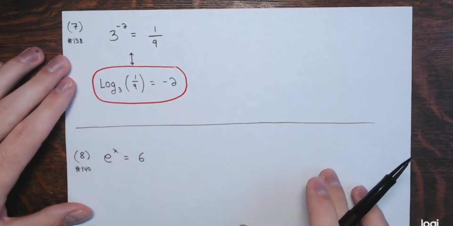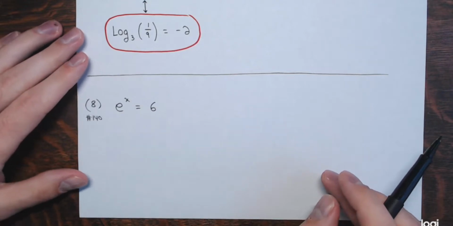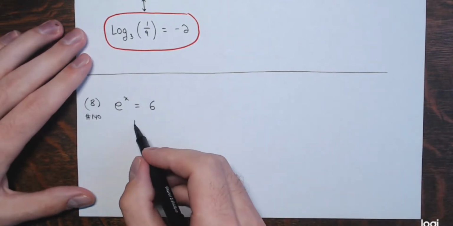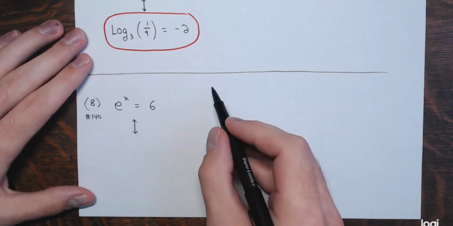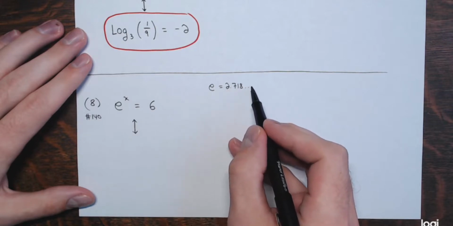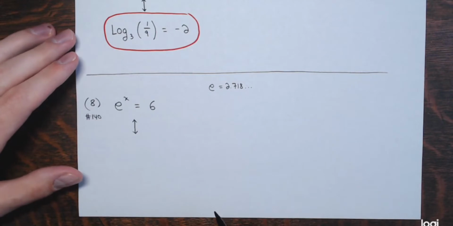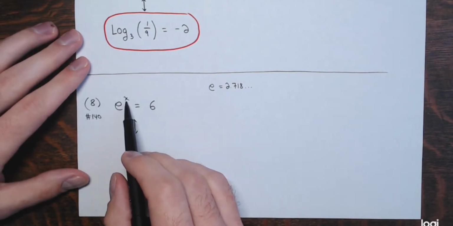Now, question 8, this is the last of these, where we're asked to change from exponential form to logarithmic form. Alright, so again, I have a base e. Remember, e is that 2.718. Alright, it's about 2.7. That's called the natural base. We have e to the x power equals 6.